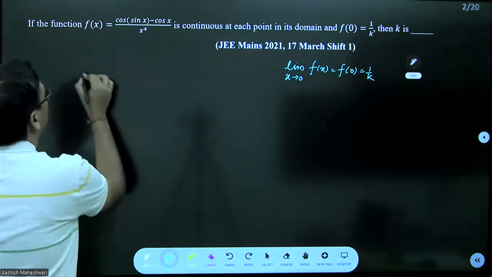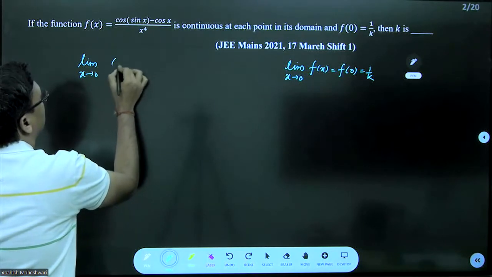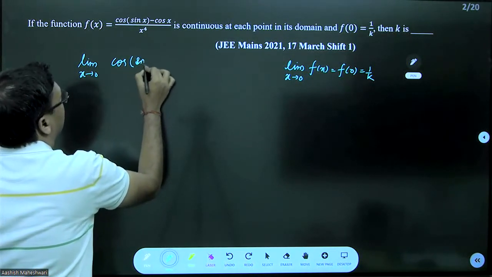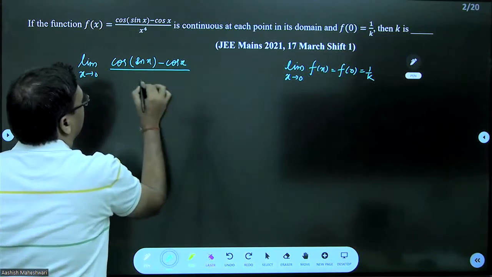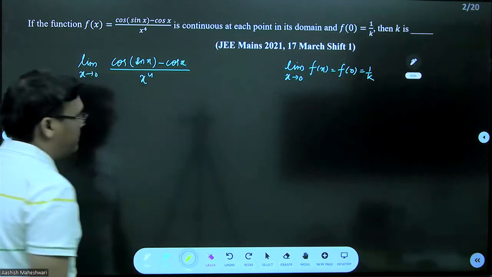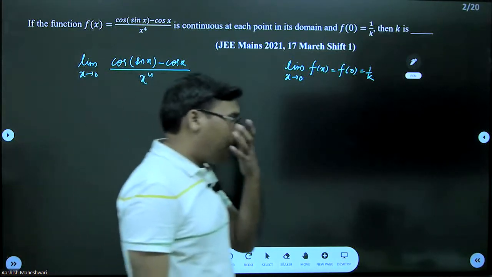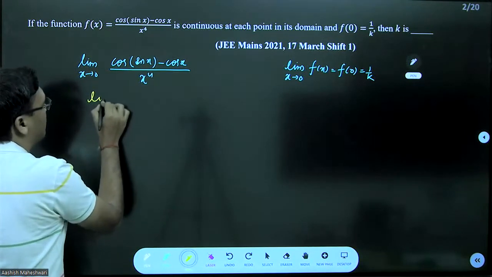Now what is the limit? Limit x approaches 0 of (cos(sin x) − cos x) divided by x^4. You have to find this limit. Okay, now how will you find this limit? You can see here, this is cos C minus cos D. You know what is cos C minus cos D?